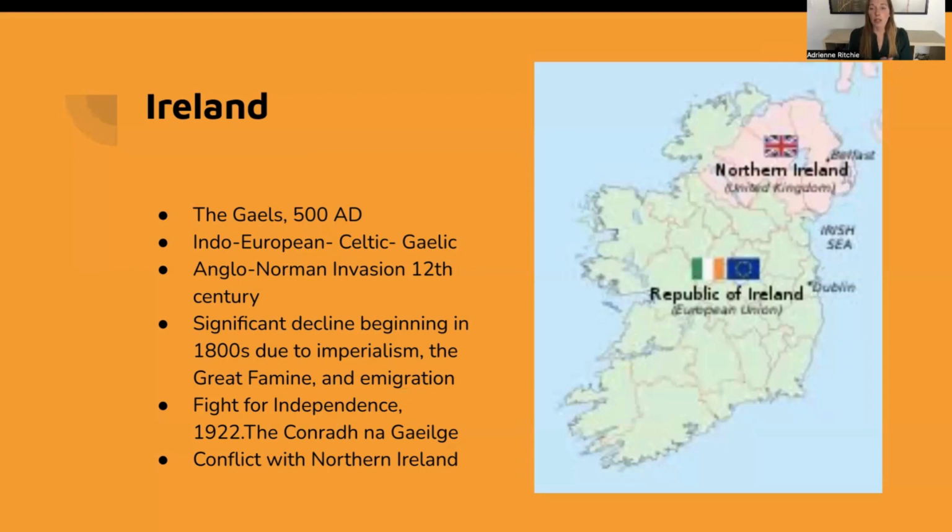Just to know, as you can see in this map, the northern part of Ireland is actually still part of Great Britain, and it's a country called Northern Ireland. And then the green part, or the majority of the island, is the Republic of Ireland. This doesn't pertain to my topic a lot, but if you're interested, you can look up the conflict.